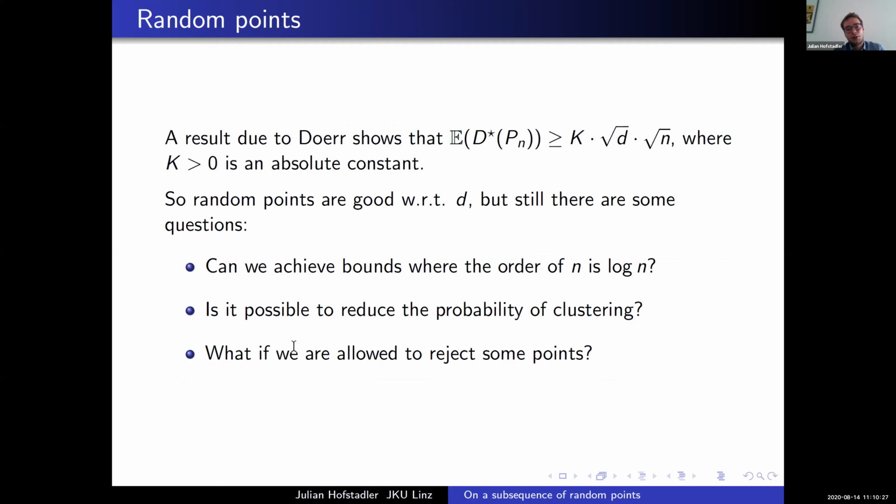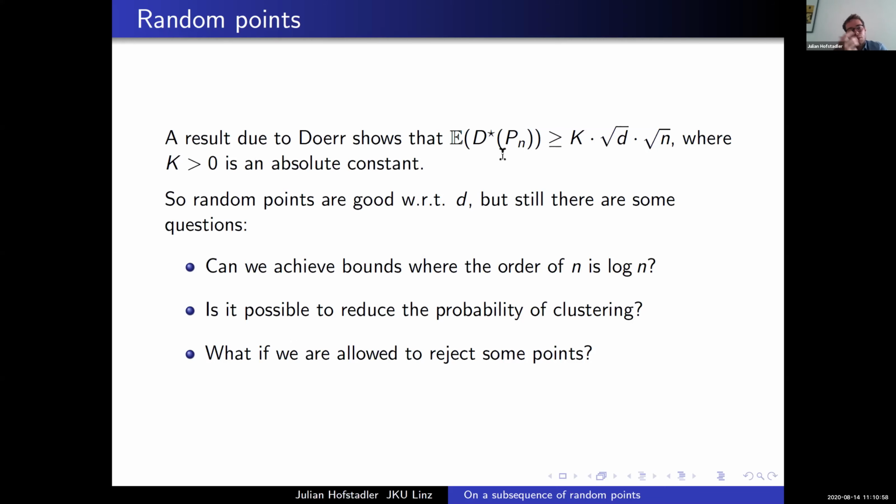So let's talk about random points. There is one more result with respect to the star discrepancy I want to present to you, which is due to Dörr. He showed that the expectation of the star discrepancy of a set of n points can be bounded from below by square root of d times square root of n and some other absolute constant.